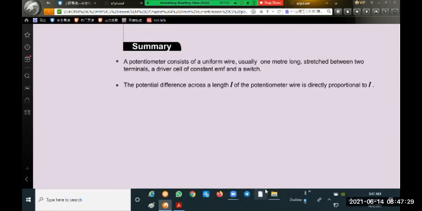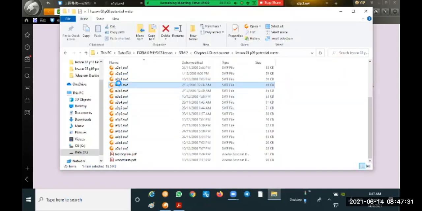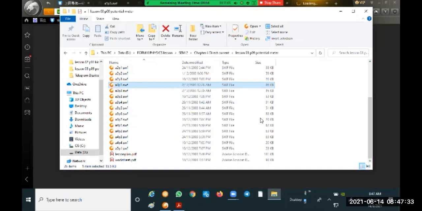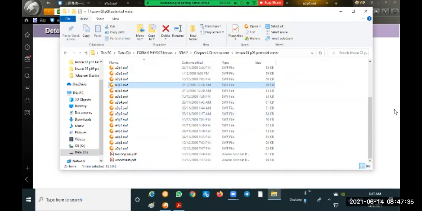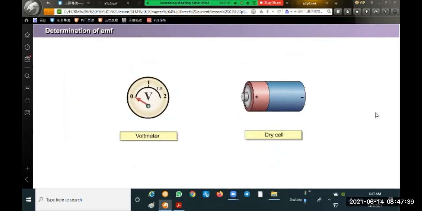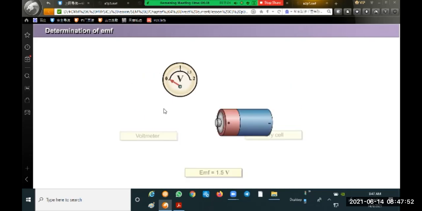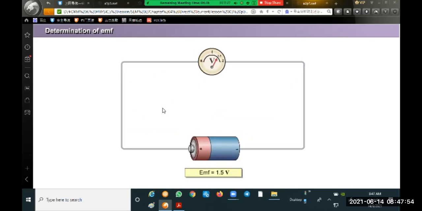So next, a voltmeter and a dry cell. Now we will learn how to use a voltmeter and a dry cell to determine the EMF.